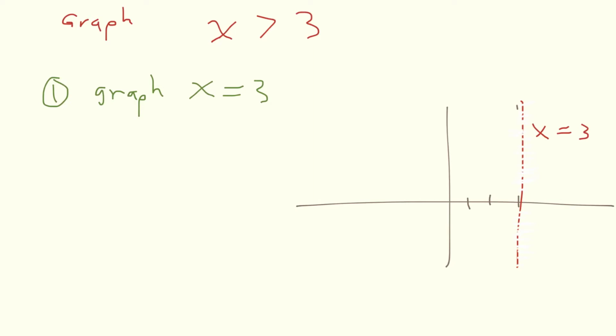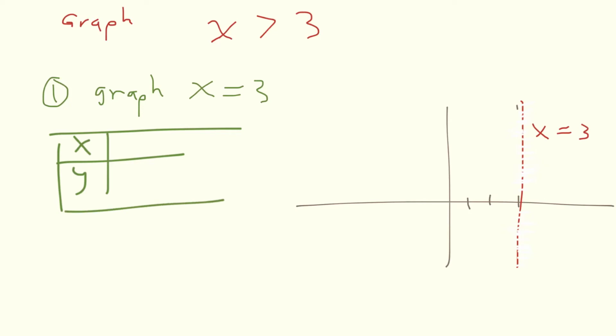Now the next step. Another point here: some people may forget that x equal 3 is a vertical line. In this case, they can still form the table as before, with values x and y, and find out for different values of x what is y, or for different values of y what is x.